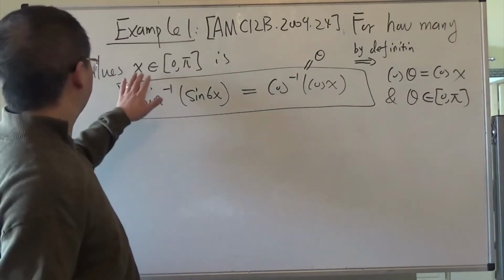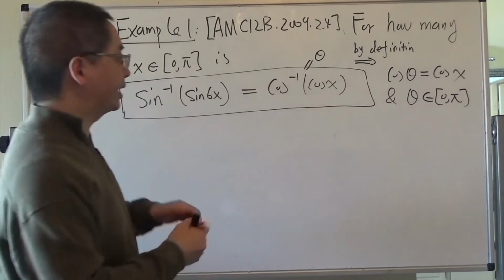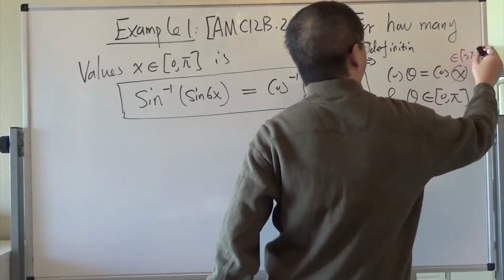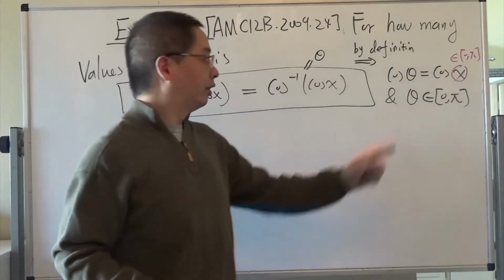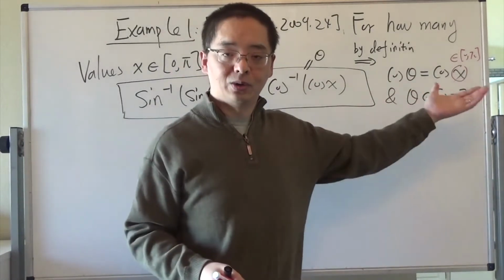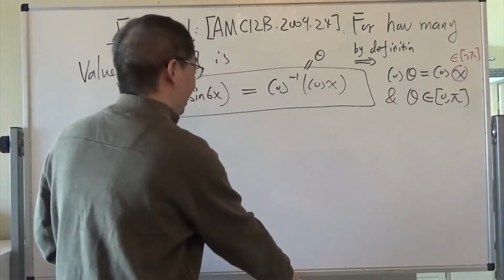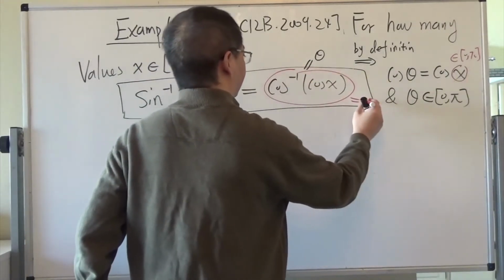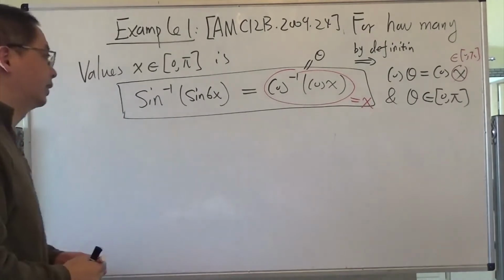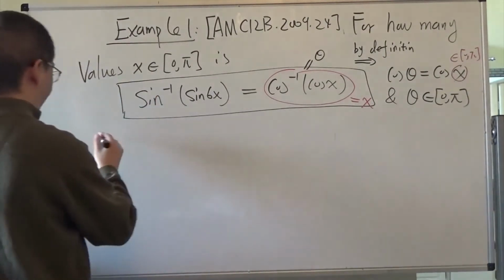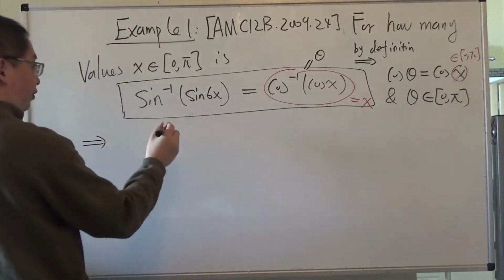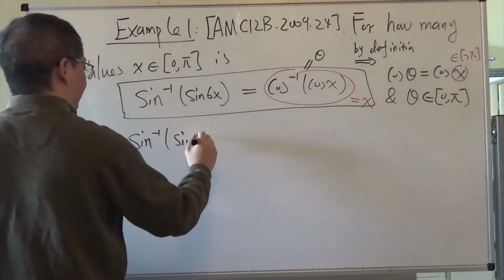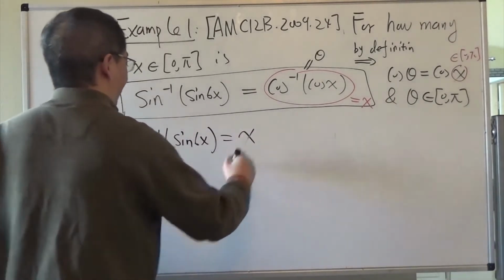Here we already know the x itself belongs to 0 and pi. Therefore, theta just equals x. Okay, by this we have simplified the equation to sine inverse of sine 6x equals x.